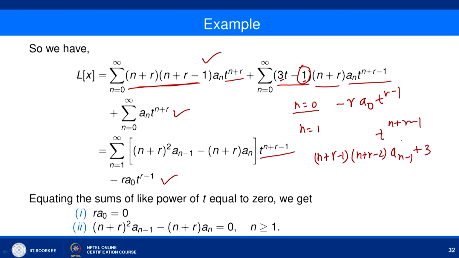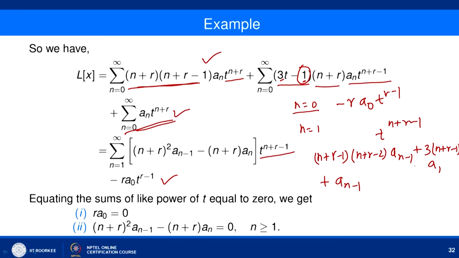Fine, and in the second term I can write 3, and it is n plus r minus 1, and again a n minus 1, because of this. Here, just a minute, from the last you will get a n minus 1.